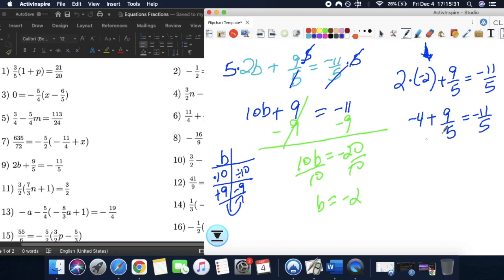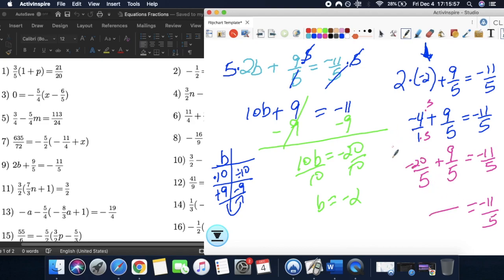So now I have to add these two, right? So remember, if there's a denominator of 1, let's find a common denominator, which is 5. Right, so over here, negative 11 over 5 we're not going to touch, so I'm going to just write that down. So now I found a common denominator. How did the 1 become a 5? Times 5. Therefore, I multiply the top times 5, and I get negative 20.